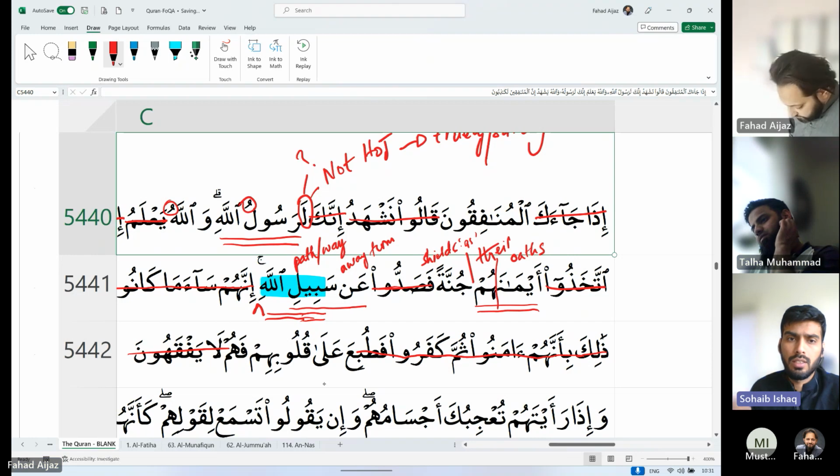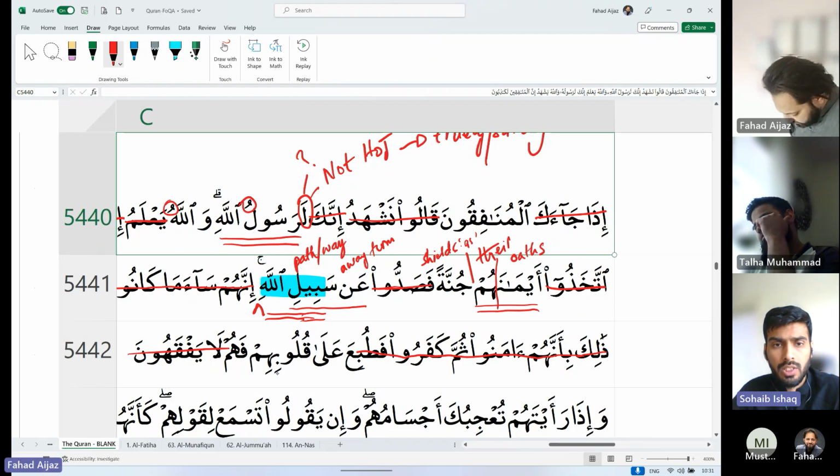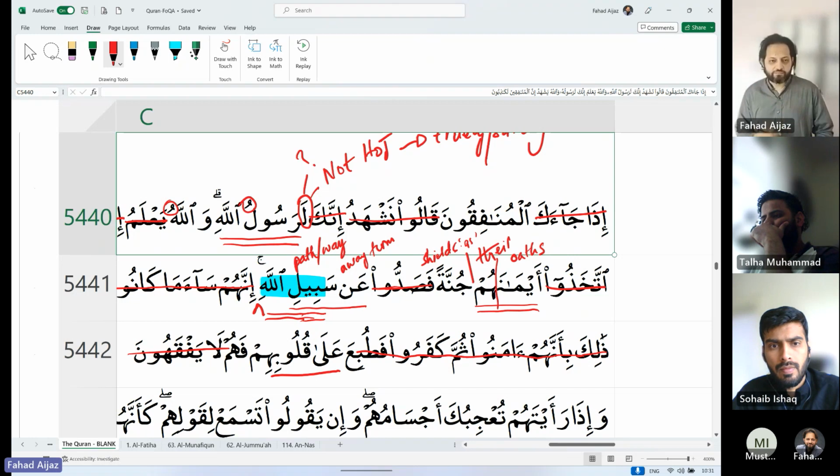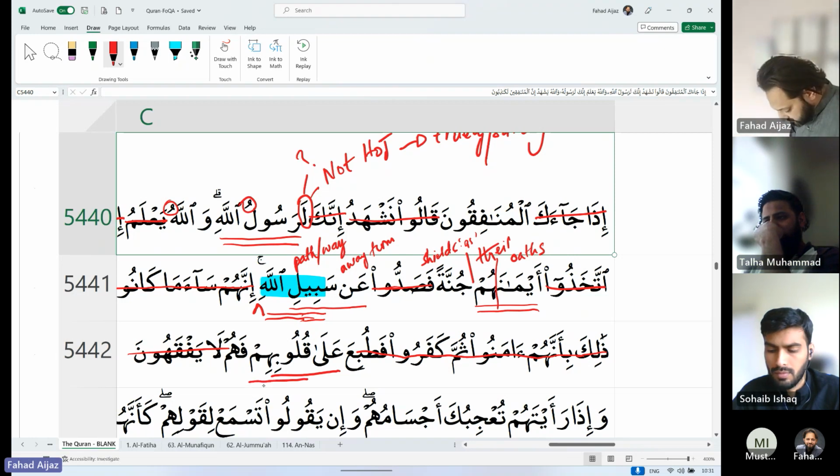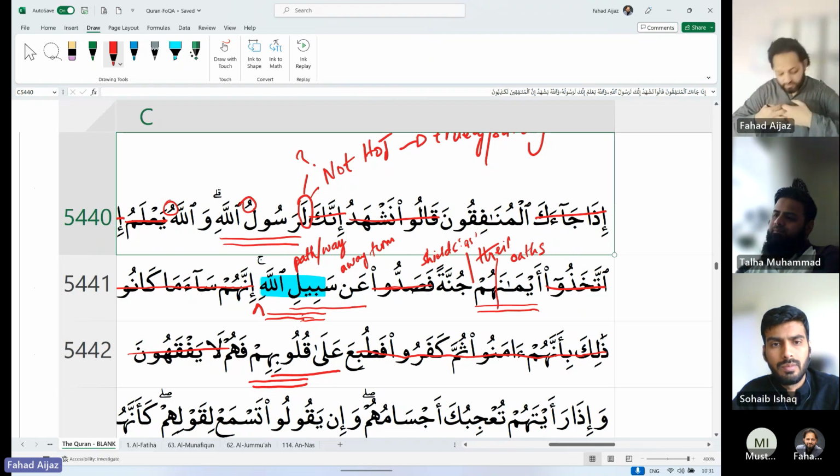Qulubi is jar, which is heart, and him is an attached pronoun. What is the relation between qulubi and him? Idafa. Excellent. You see how two fragments are chaining together now, slowly, slowly.